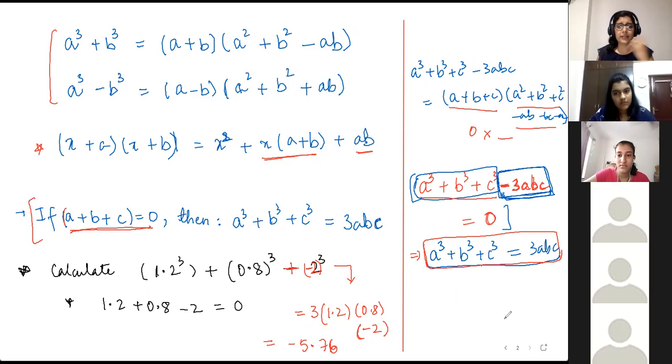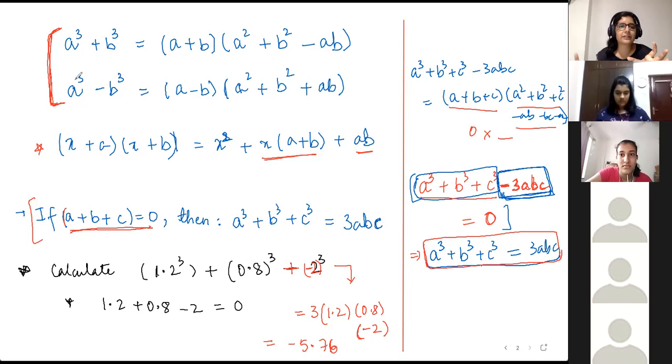Okay. So these are the kind of problems you will get. You'll be asked to calculate something cube plus something cube plus something cube. If the sum is 0, then you know that you can apply this identity. And these identities you will mostly get in factorize problems.